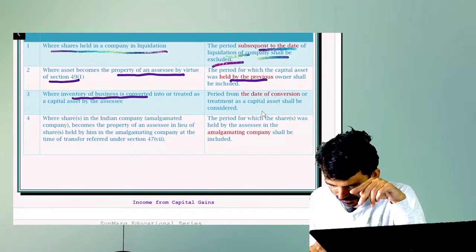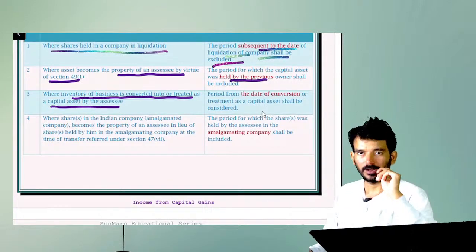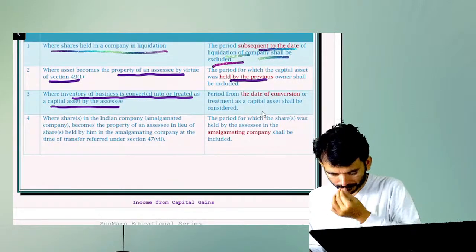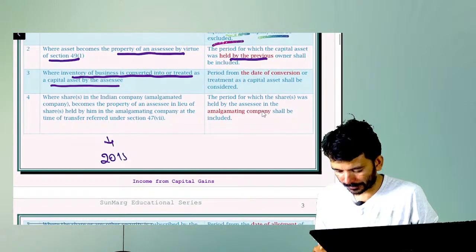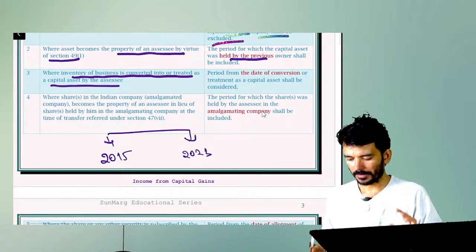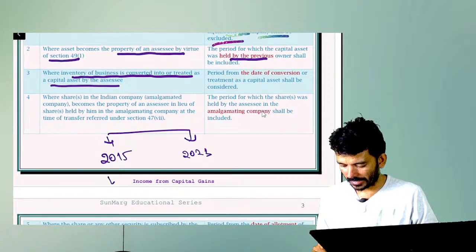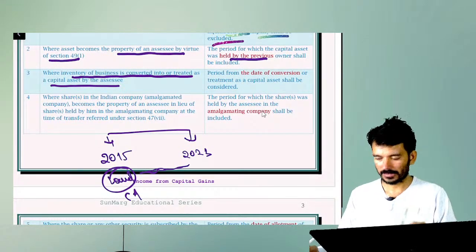Where the inventory of business is converted into, or treated as, a capital asset by the assessee. Just now I said it. A land I bought in 2015. Now it is 2023. I'm just taking the year only, not month and everything. So here it is a land, so it's a capital asset. I'm holding this as a capital asset in my business.